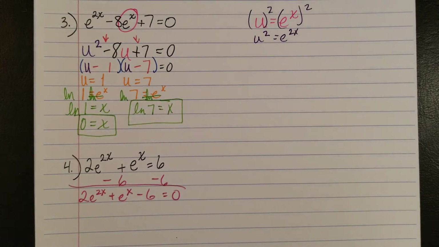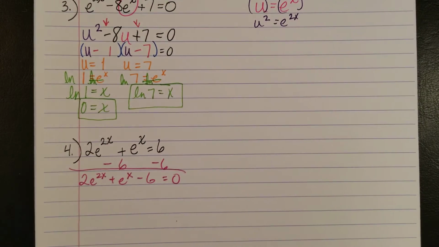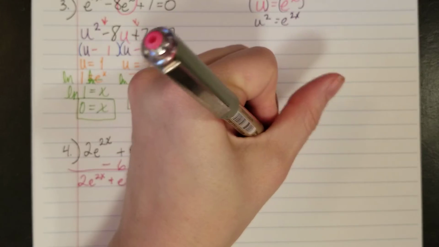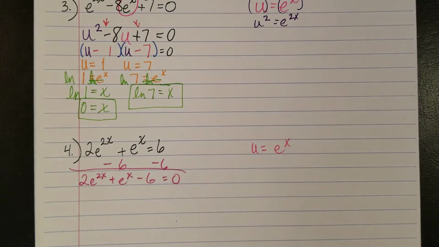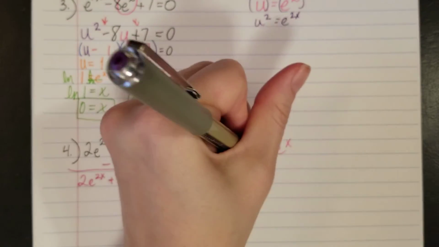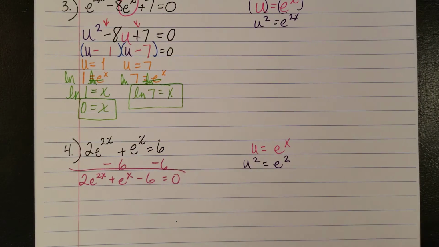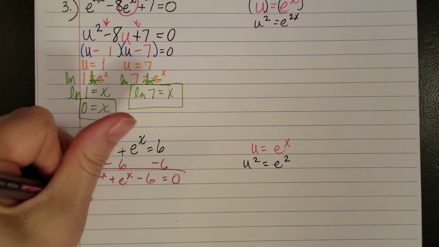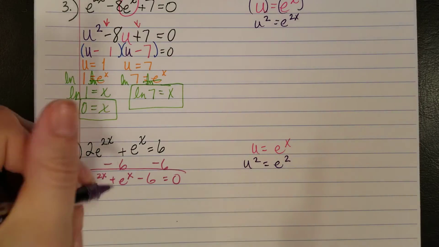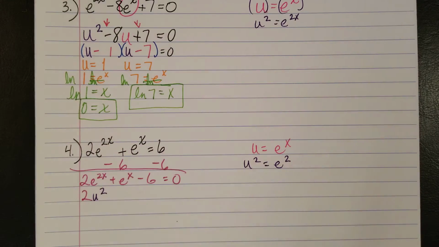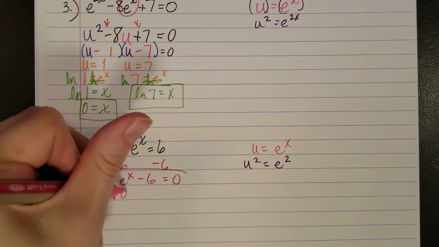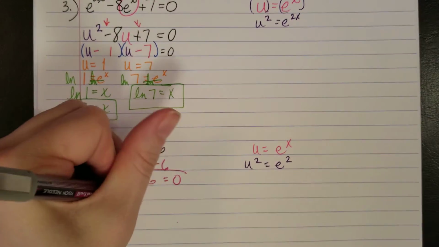We can use the same substitution that we did on the last problem. If we say u equals e to the x, then u squared equals e to the 2x, so we'll sub it in. That would make it 2u squared plus u minus 6 equals 0.